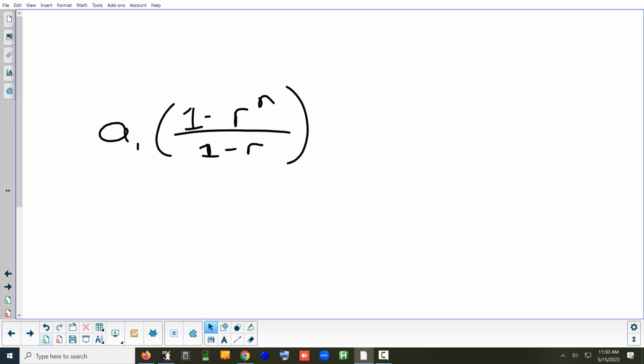If we wanted to look at this for an infinite series, essentially we have to let n approach infinity. Now, we just learned that it only converges for what kind of r values?